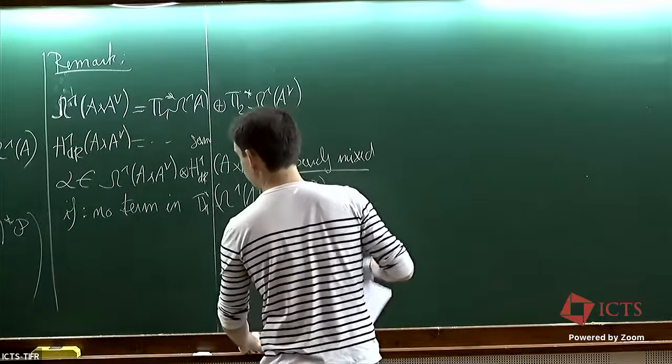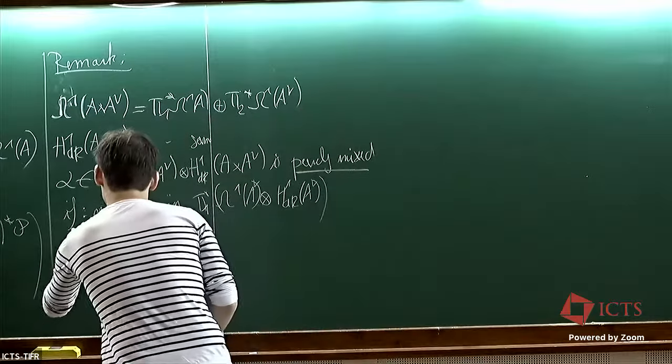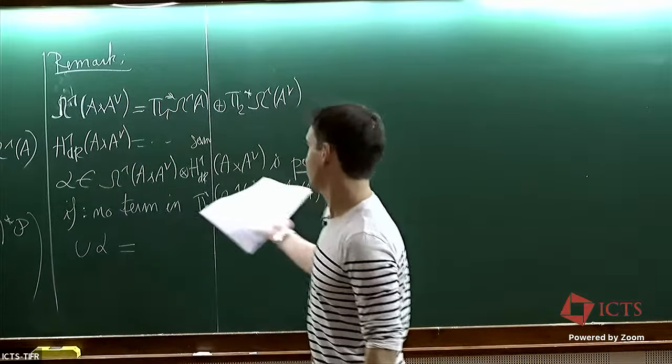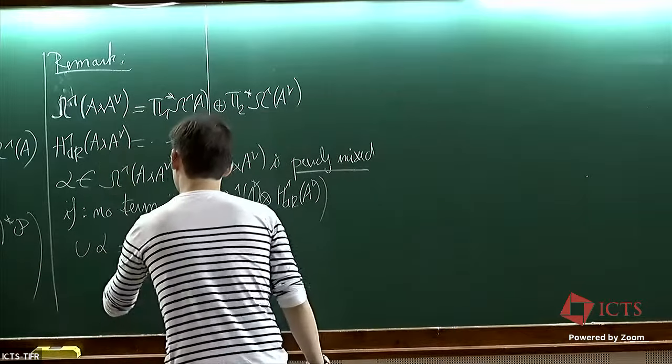Okay, you want only cross terms. And the second one is you want this curvature form to be actually a pullback of a form for a Poincare bundle, which means you should have this.